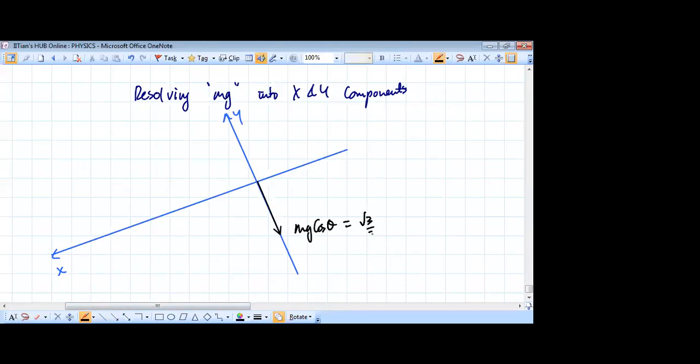In this case, root 3 by 2 times 15 newtons. The component of mg along the inclined plane will be mg sin theta. In this case, this will become 15 into half, because this angle with the vertical was 30 degrees.